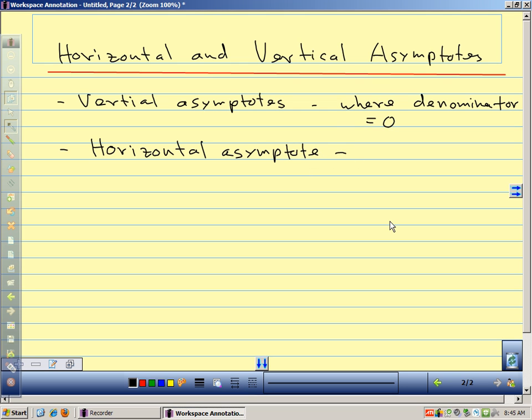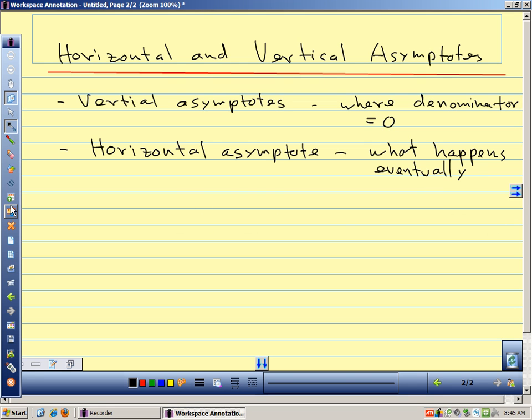We're interested in what happens to the function eventually. As x gets very large or x gets very small, as we go out in the positive x or go out in the negative x, what happens eventually? What is the end behavior? Our horizontal asymptotes tell us the end behavior. So when we had a straight polynomial, our end behavior was nice.